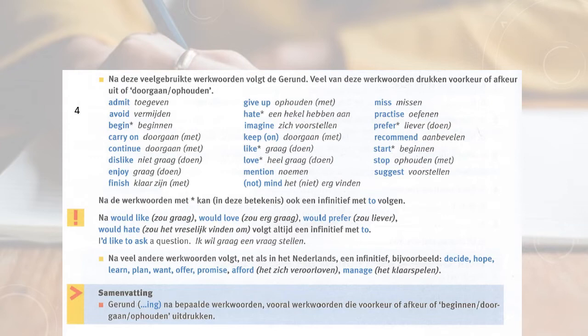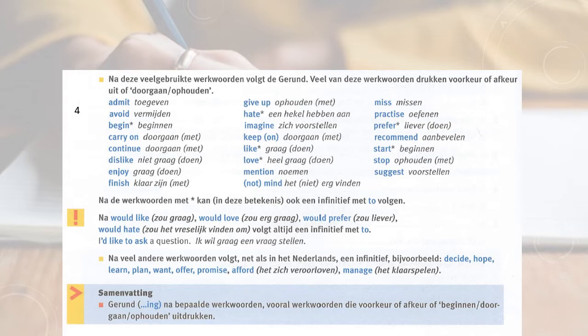Dus dat is hier eigenlijk een lijst van werkwoorden die sowieso gevolgd zijn door de gerund. En heel veel van deze werkwoorden drukken dus een voorkeur of een afkeur uit of betekenen doorgaan of ophouden. Wat wel belangrijk is om te weten en om te zien, is dat sommige werkwoorden met een sterretje staan.